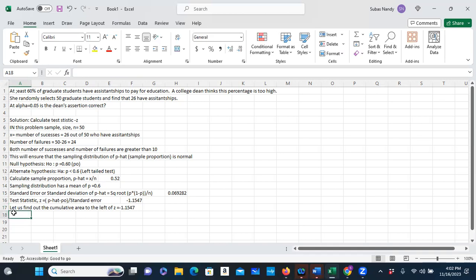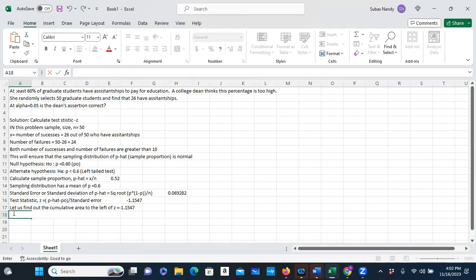This area to the left of Z is called the cumulative area.